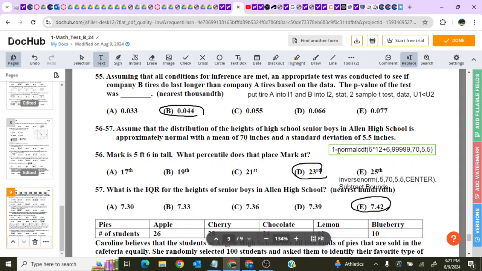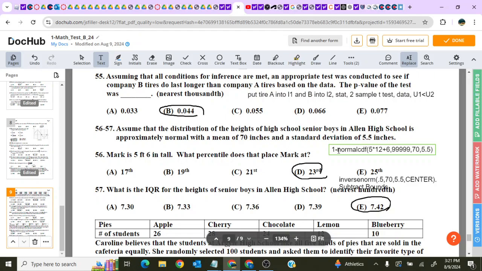Second DISTR, and normal CDF. Plug in those values and subtract it from 1, and that'll get you the probability that someone's taller than Mark. So the probability that someone is less than Mark, or his percentile, is 23%.